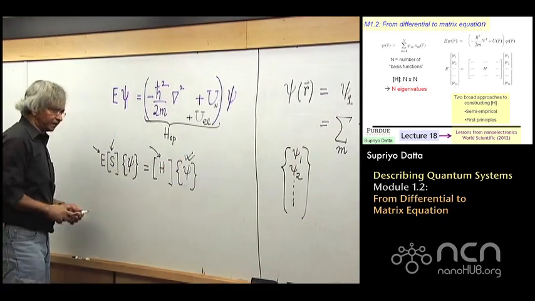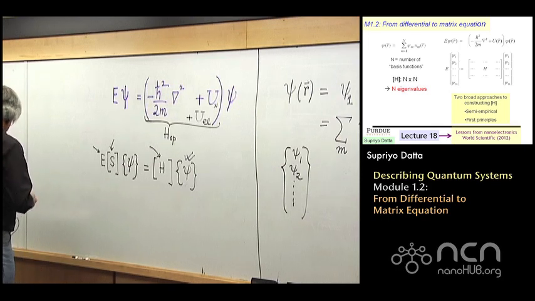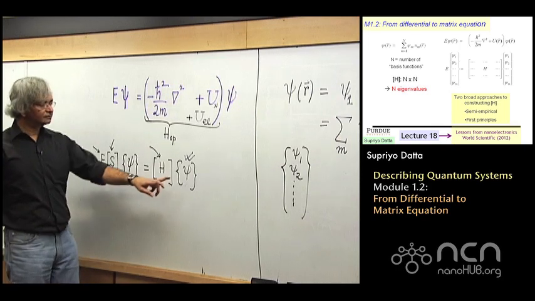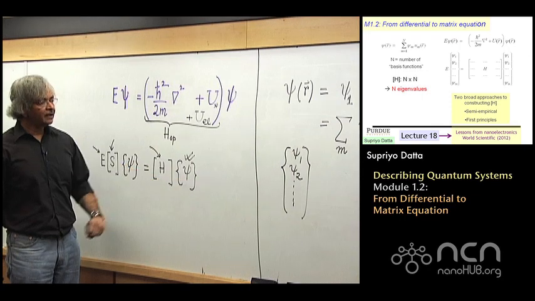This is this column vector with all the coefficients. So that's what this one is.